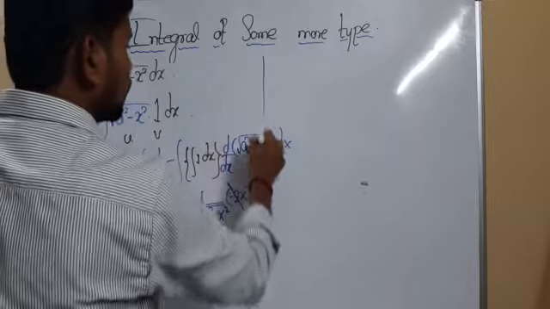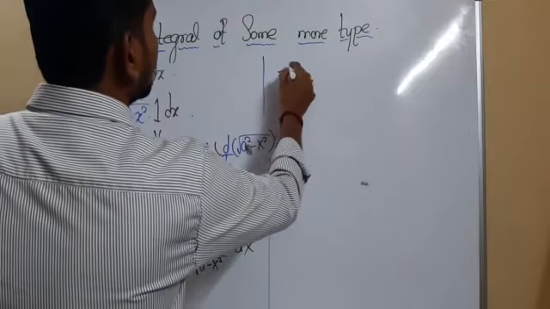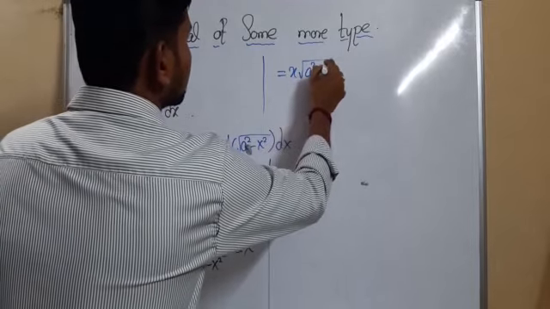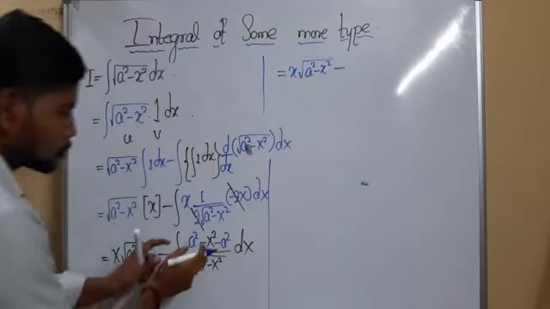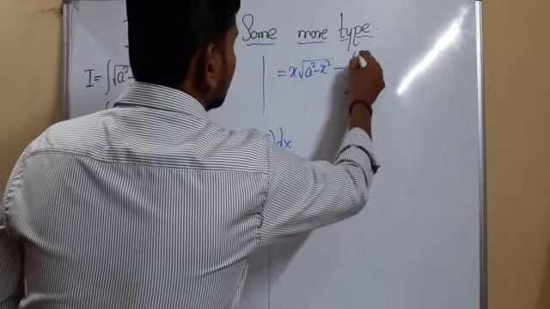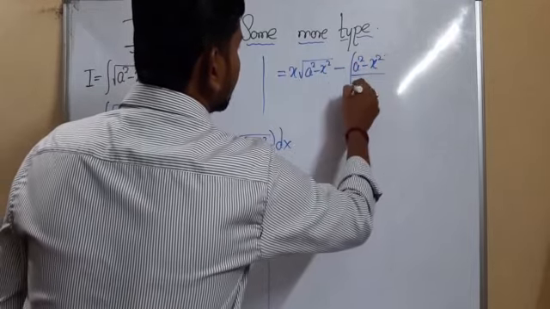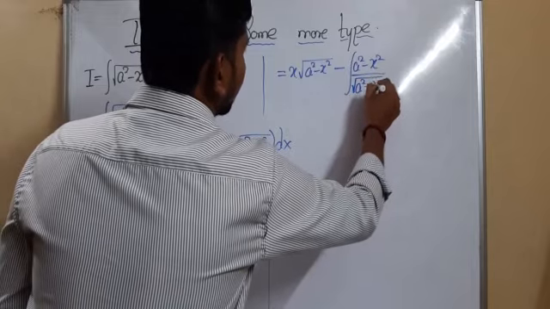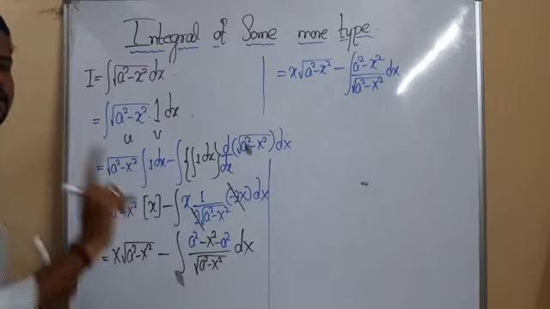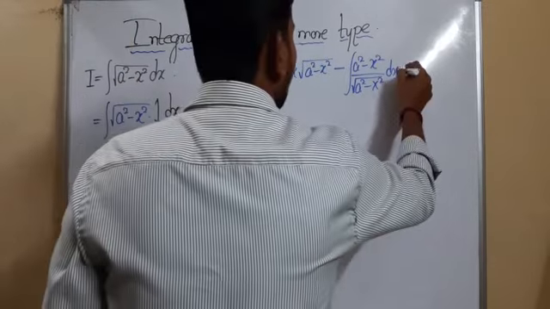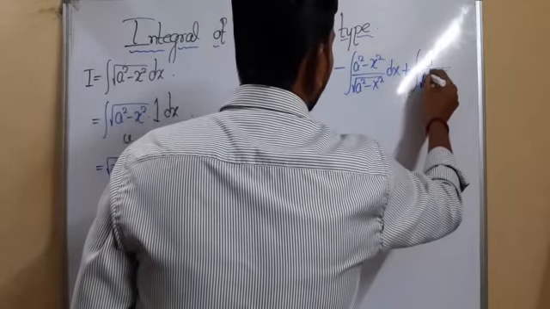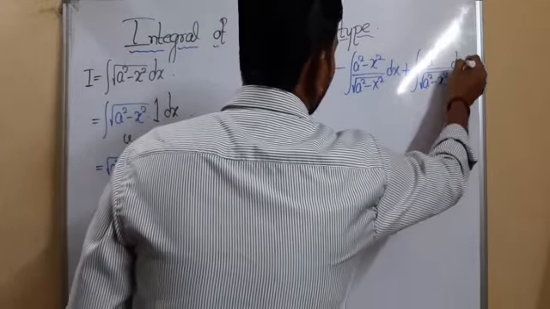The next step will be again very simple. It will be x square root of a square minus x square as it is, minus, splitting the numerator part, the integral of a square minus x square divided by square root of a square minus x square into dx. What is minus into minus? Yes, it will be plus the integral of a square by 2 square root of a square minus x square into dx.